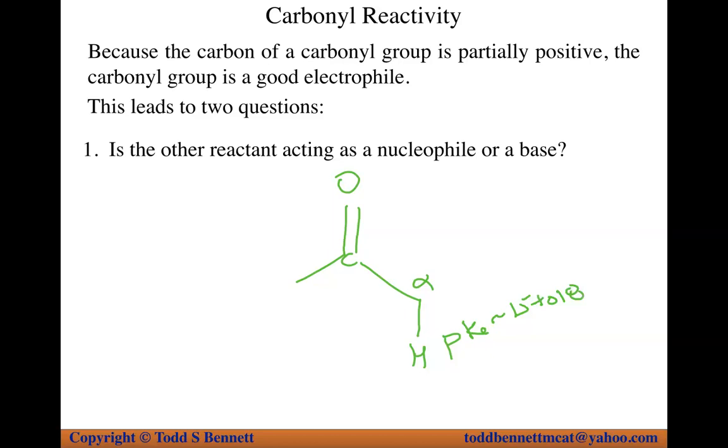Because of that, it can be deprotonated by reasonably weak bases. Now, it's not totally true. It's got to be a strong base in a definition sense. But as far as what we consider in OChem, it's one of the relatively weaker strong bases, if you will, like NaOH or KOH or NaH, but irrelevant for now because this is what we'll cover down the road.